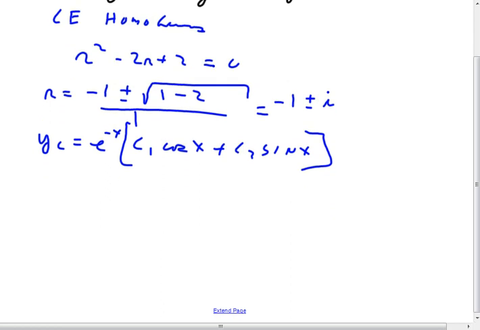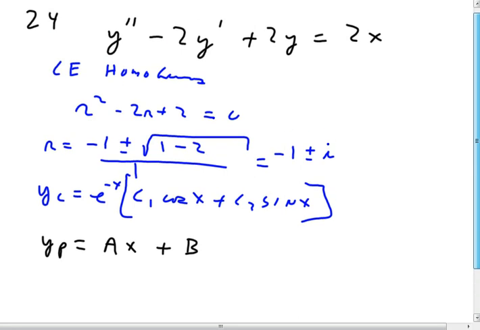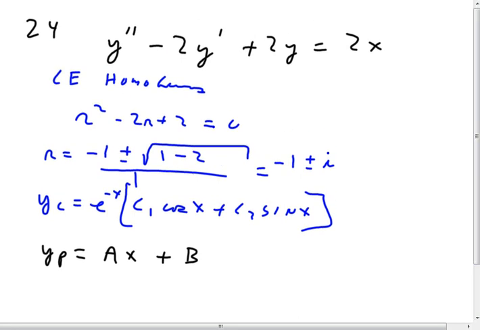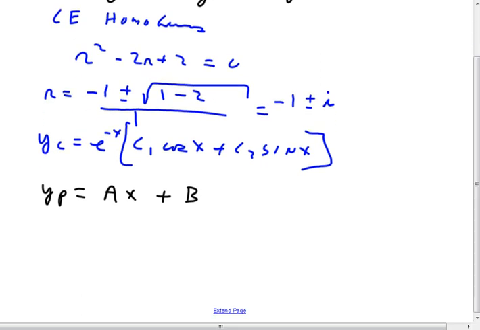All right, now we have to look at our y sub p. Y sub p is equal to ax plus b. So I look at my forcing function, it's 2x, so it's going to be some coefficient times x, plus that derivative, which is just a constant. Okay? And then I say, well, that being the case, y prime p is a, y double prime p is 0.